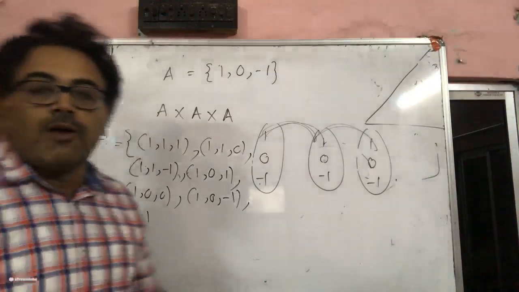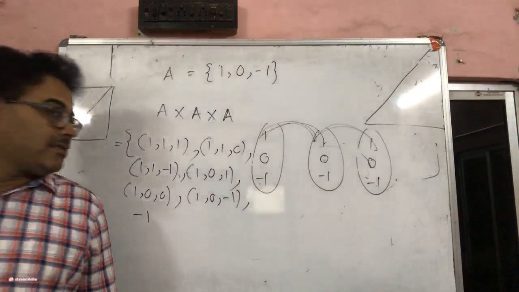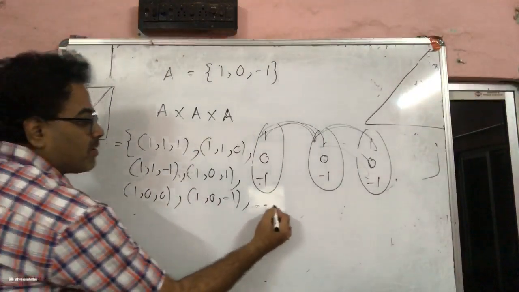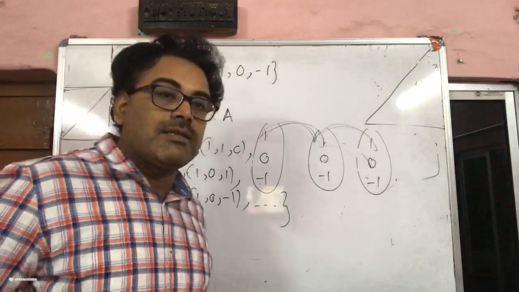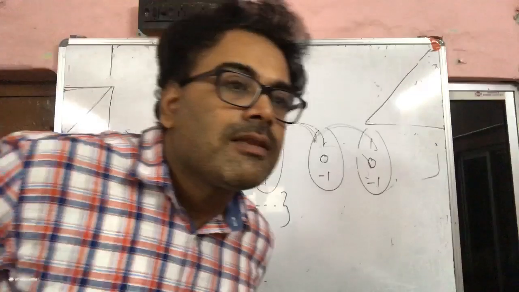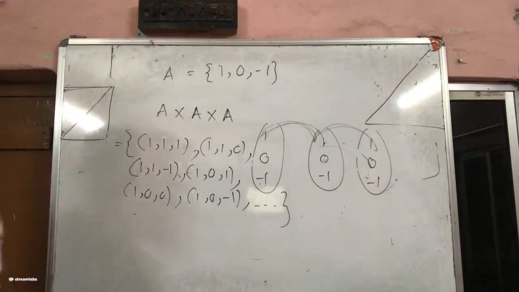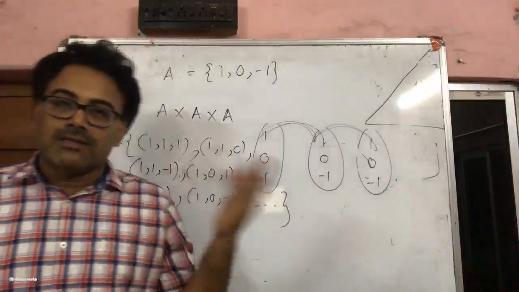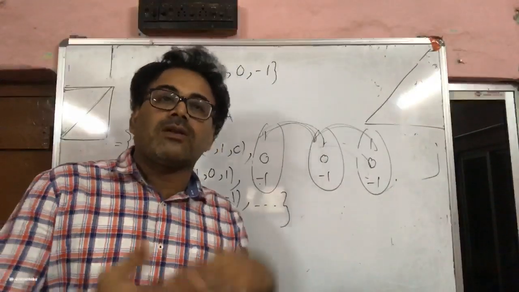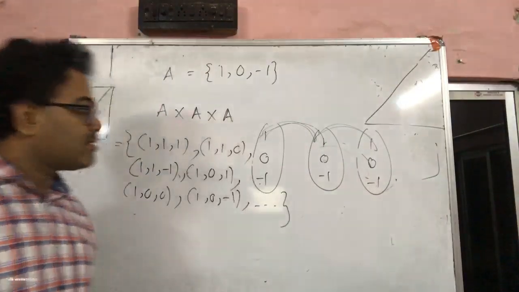Similarly, how many triplets will you get? Just keep dot dot dot. Okay, then how many triplets will you get? Tell me. Yes, 27, right? So this way we are going to connect the elements of two sets with the elements of the same set or another. 27, yes.